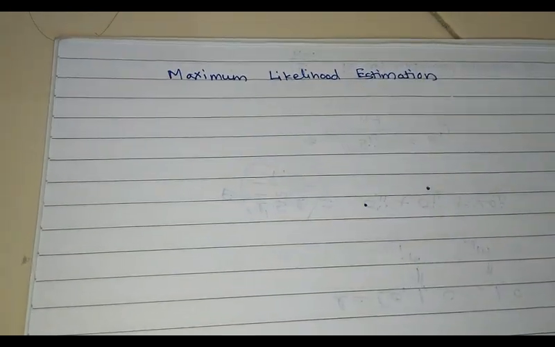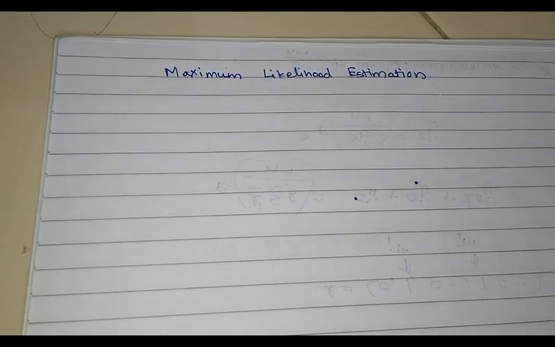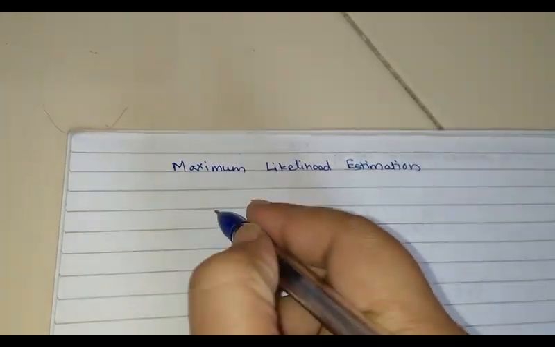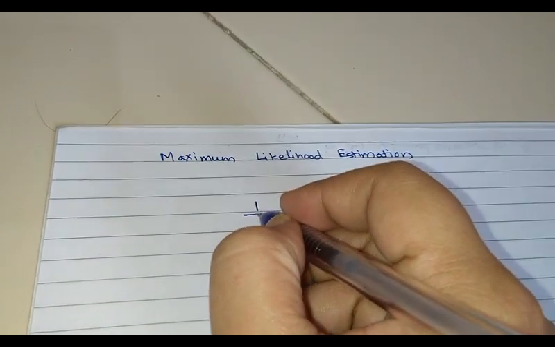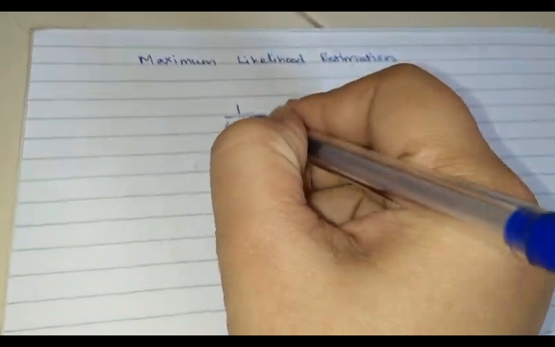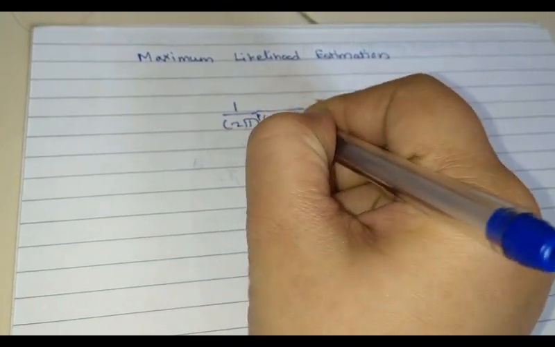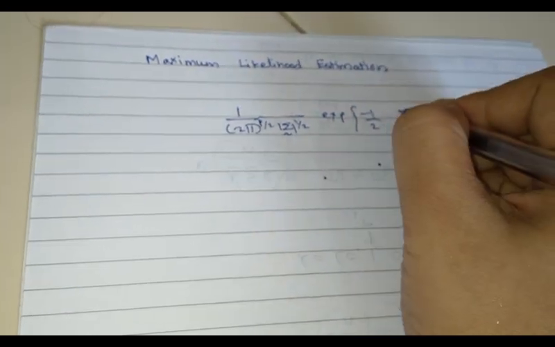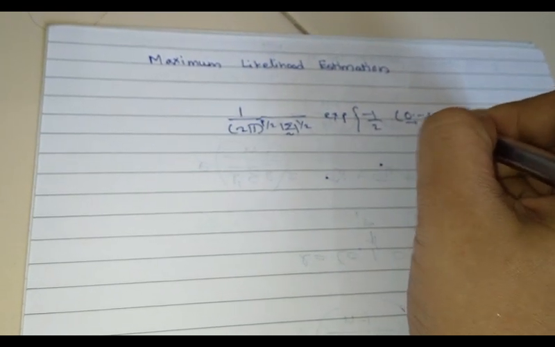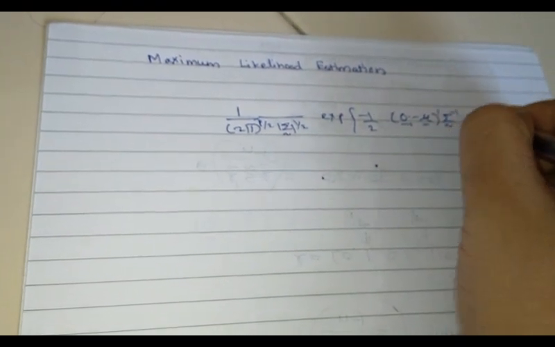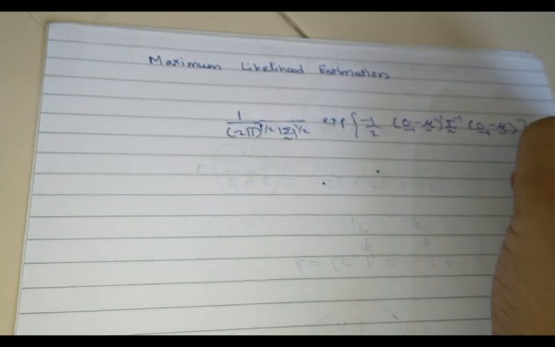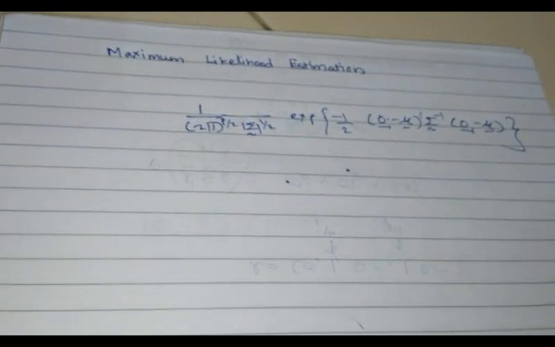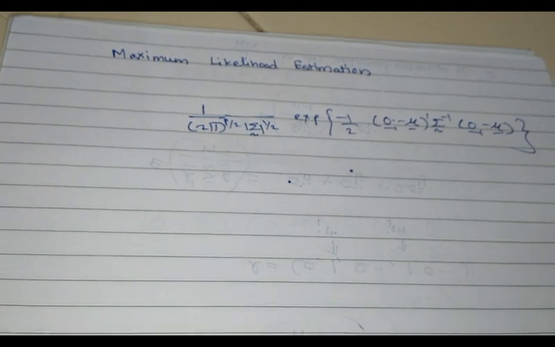We know from the PDF of the multivariate normal that for a single observation, the PDF can be written as 1 upon (2 pi) raised to p by 2, determinant of sigma raised to half, e raised to minus half (oi minus mu) prime sigma inverse (oi minus mu). This is the PDF for a single, ith observation.